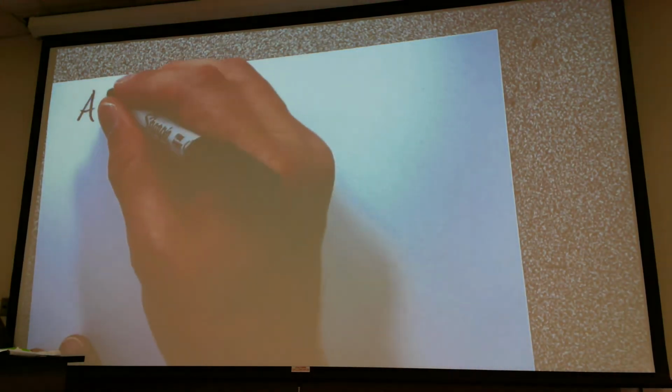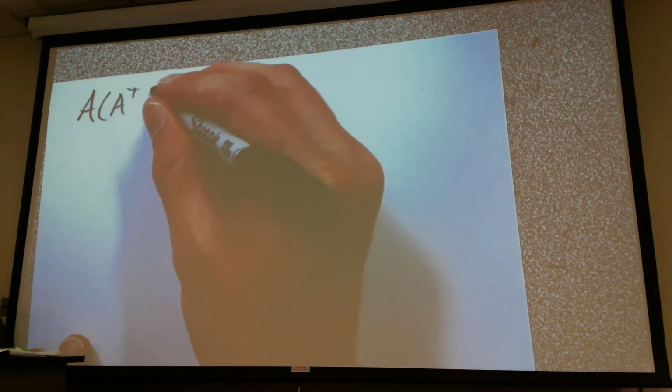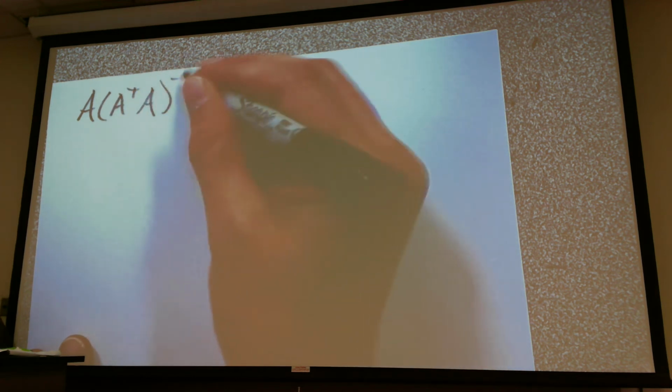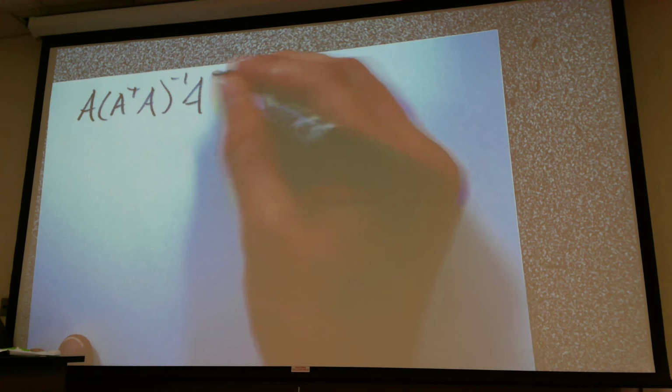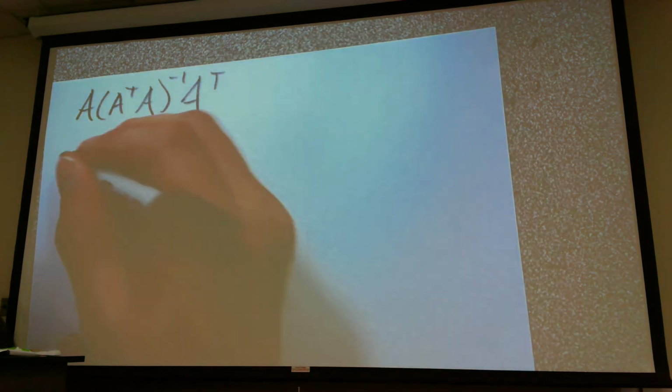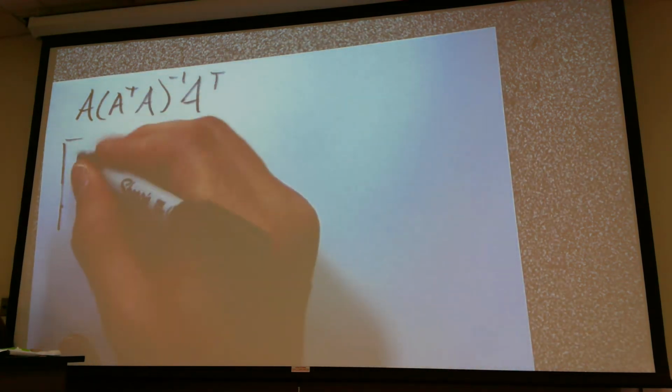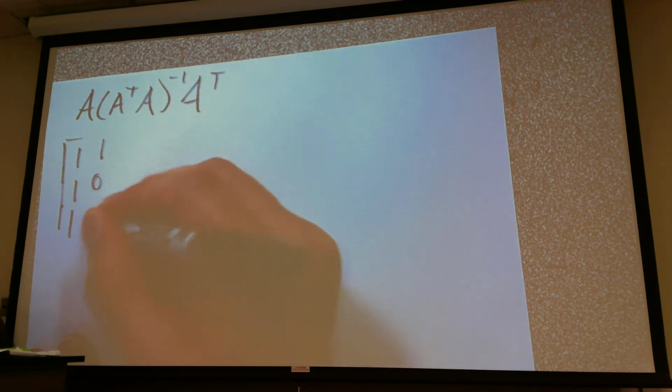All right. So now what we're going to look at is A, A transpose A inverse, A transpose. Okay? So that's going to be 1, 1, 1, 1, 0, 0.